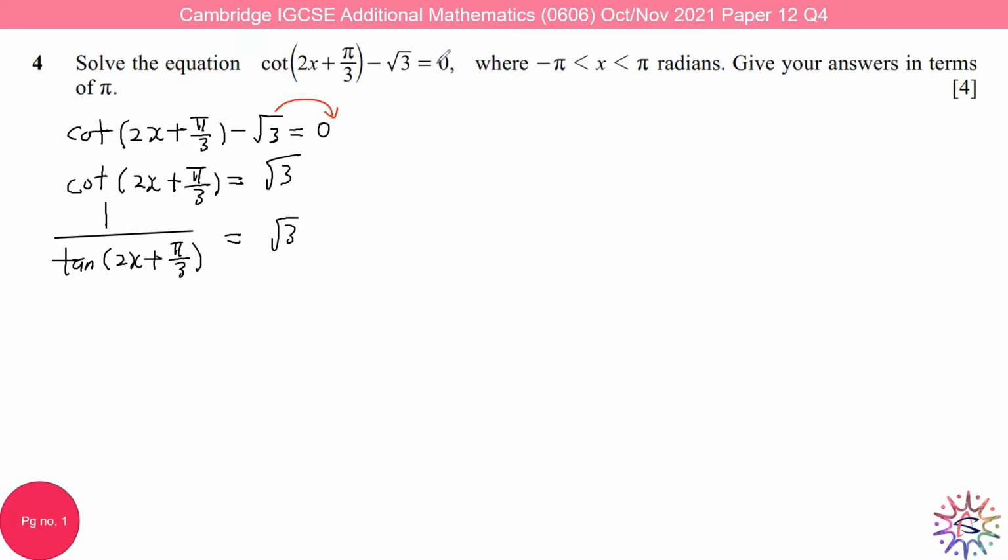Again, we will put the trigo function to one side, meaning the tangent to the right-hand side, and we'll put the number to the left-hand side. So we have 1 over root 3 on the left-hand side, and tangent of 2x plus pi over 3 on the right-hand side.